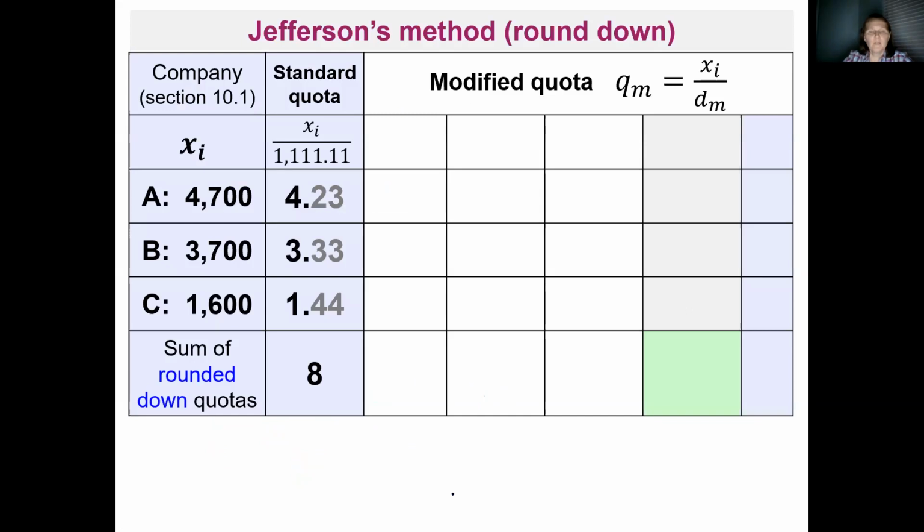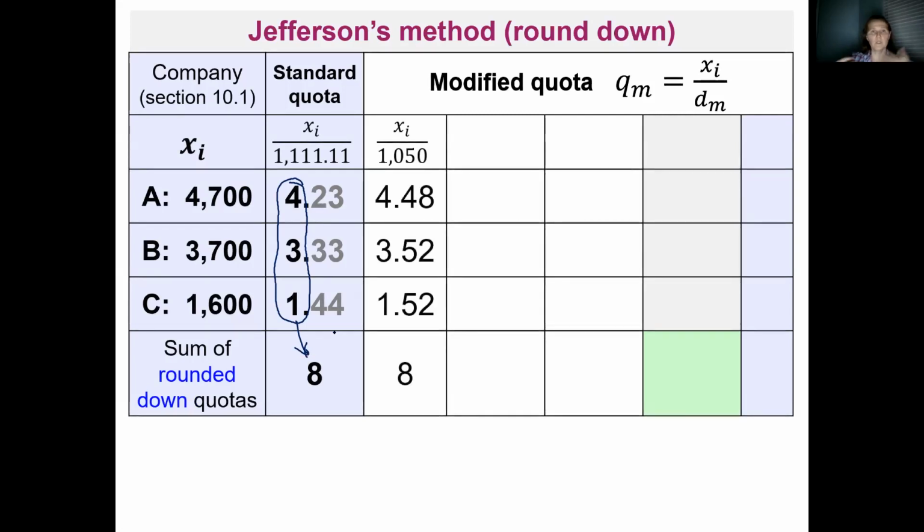So we start with the standard quota, and if we take the lower quotas, then we get 8. Let us modify the quota. We want to make the standard divisor a little smaller, so that the quotas will be greater.